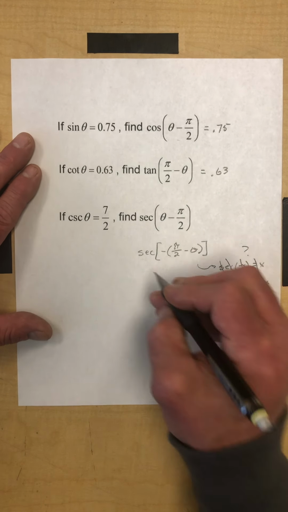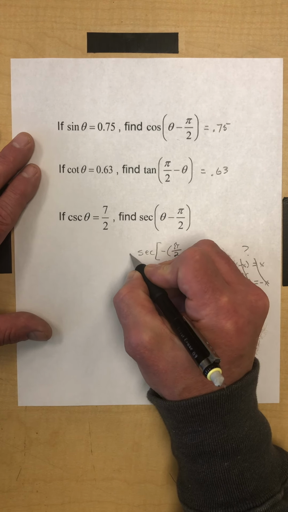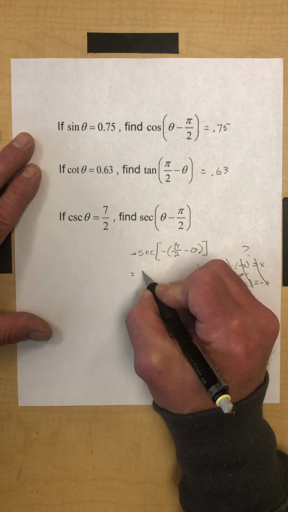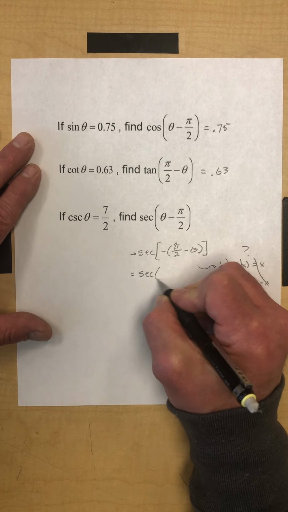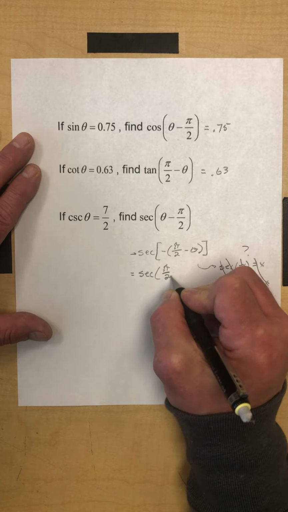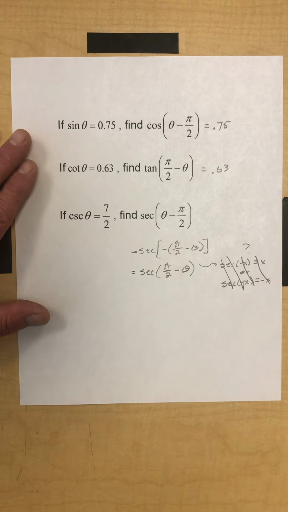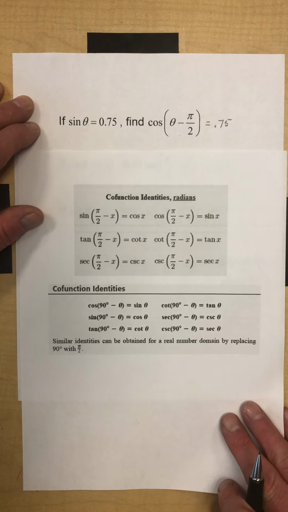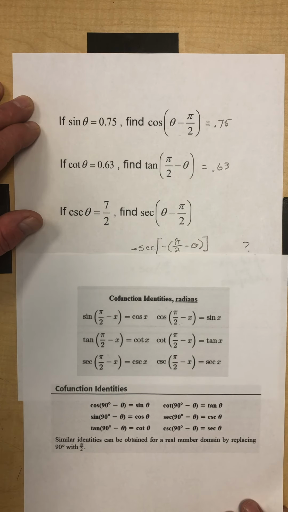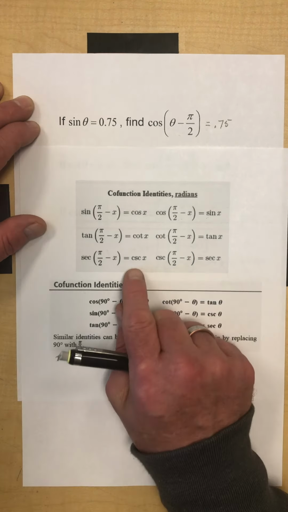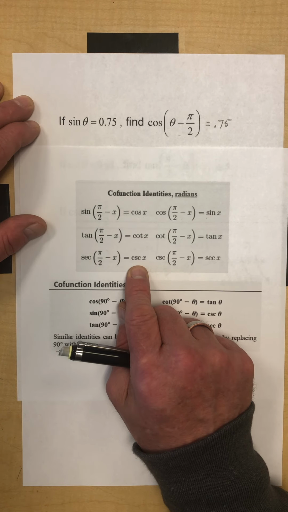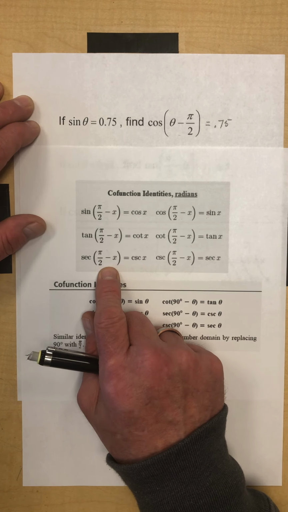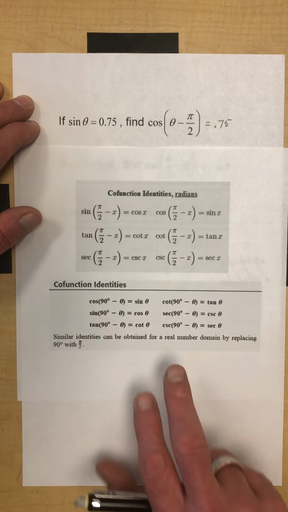So we know that this guy here is the same as the secant of pi over 2 minus theta. Well, look here: cosecant of a number is the same as secant of the complement of that number.